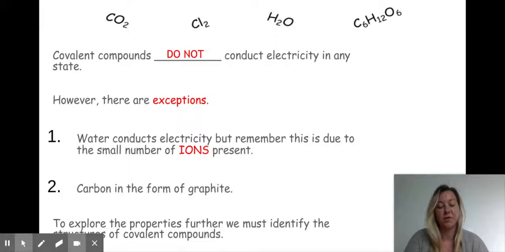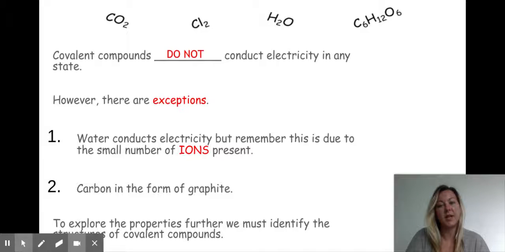So remember from the acids and alkalis topic, water is made up of very few numbers of ions and lots of water molecules. But it is these ions, so the hydrogen ion, H+, and hydroxide ion, OH negative, they are responsible for allowing water to conduct electricity just a little bit. So that's the first exception.